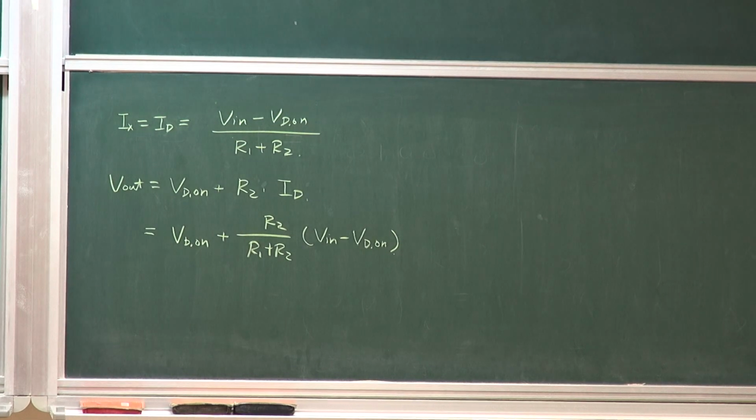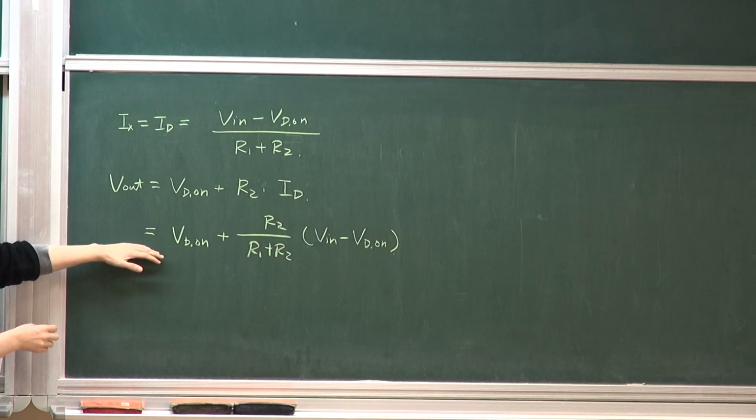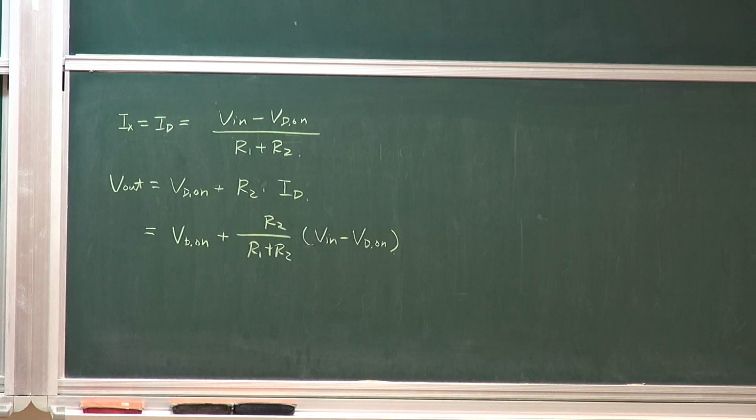Okay? So you can actually get a transfer function either in plots or in equation. So this is the transfer function at region 1. This is the transfer function at region 2. And you can put it in a curve. So let's give you a number so that it's easier to draw the curve.